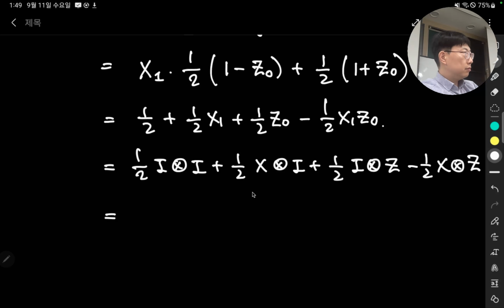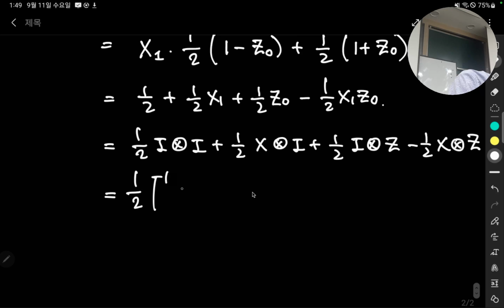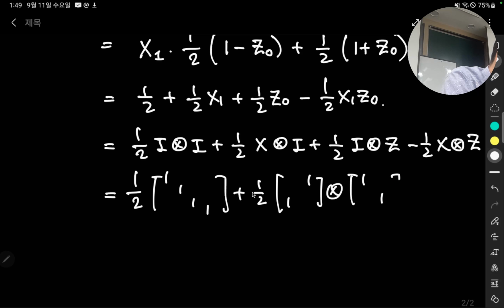So let's now make it into a matrix representation. This one is 1, 1, 1, 1. How about this one? You're taking a tensor product of these two matrices.